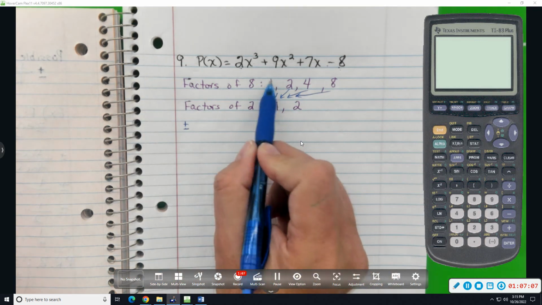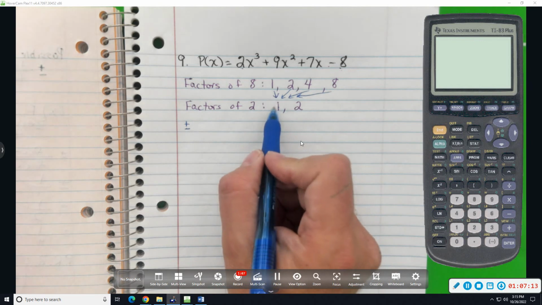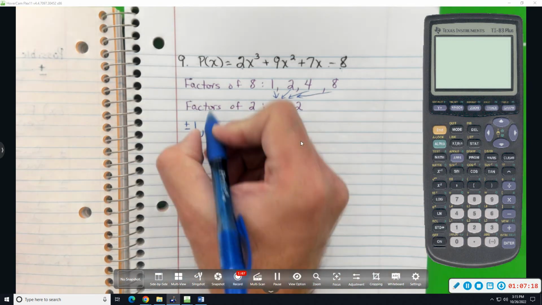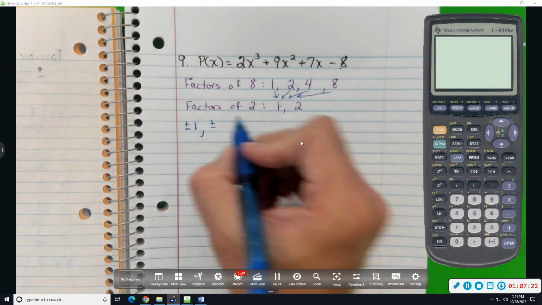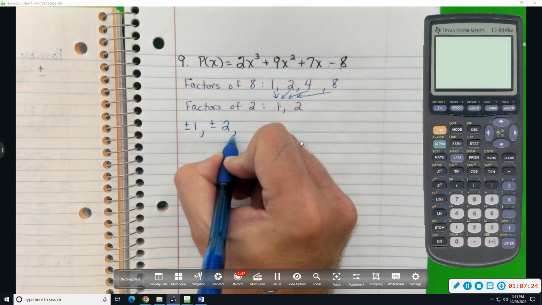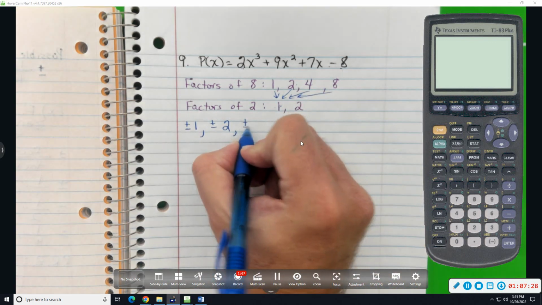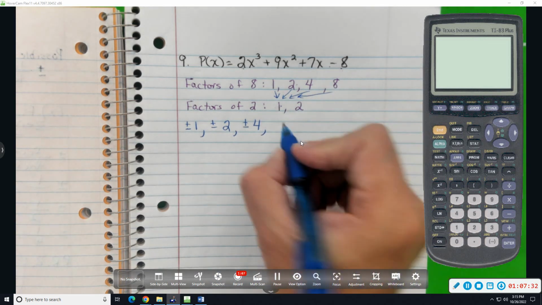Notice I'm not showing the 1 over 1 step. Going straight to it, what am I going to write? 1. Then I move on. 2 over 1 is 2. 4 over 1. 8 over 1.